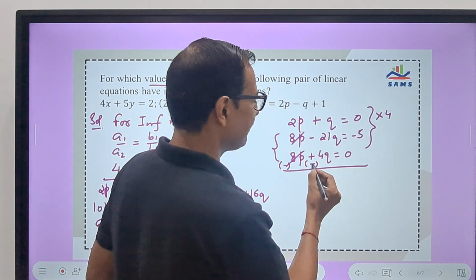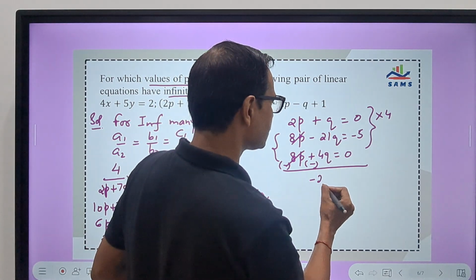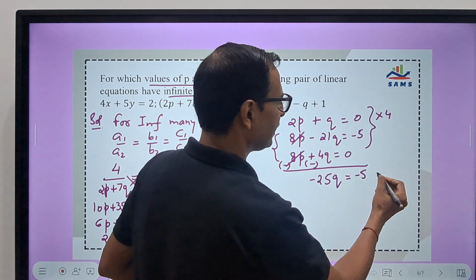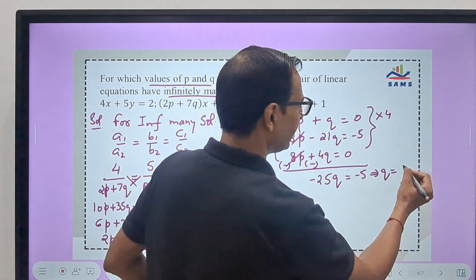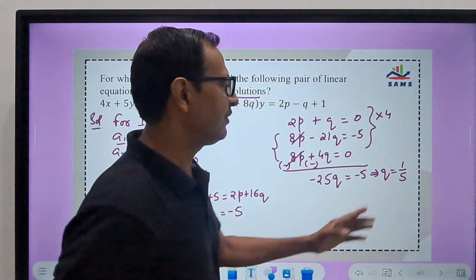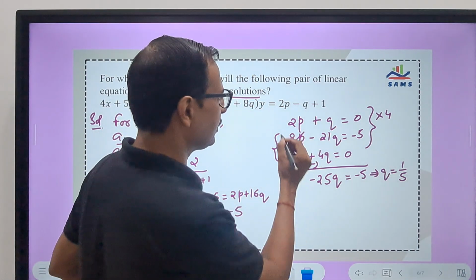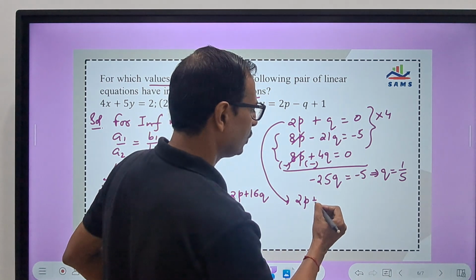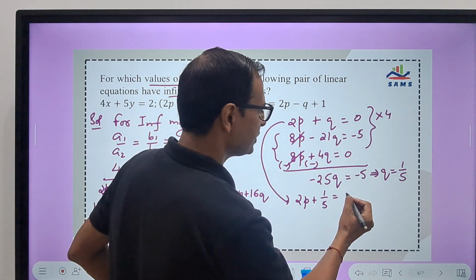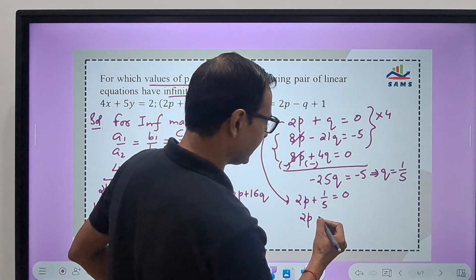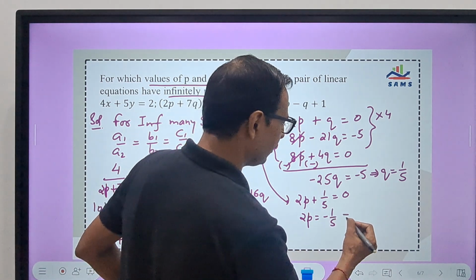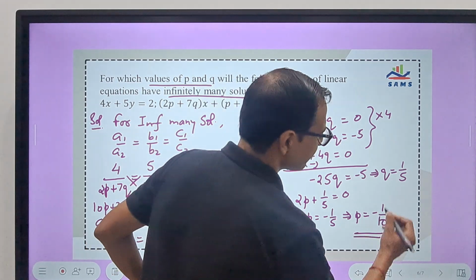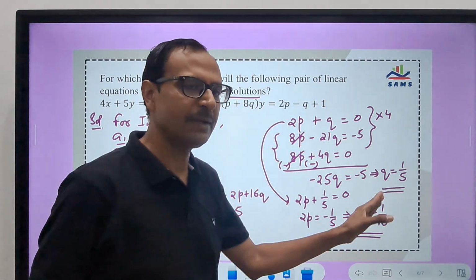So minus 21 minus 4 is minus 25q equals negative 5, which gives me q equals 1 by 5. And once you put the value of q in one of the equations, I am using this one, 2p plus q is 0. So 2p is minus 1 by 5. So the value of p comes out to be minus 1 by 10. This gives us the values of p and q.